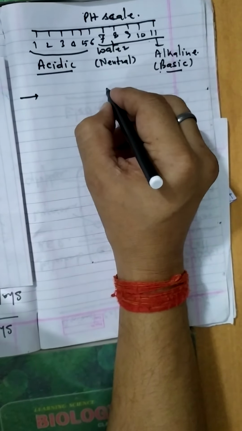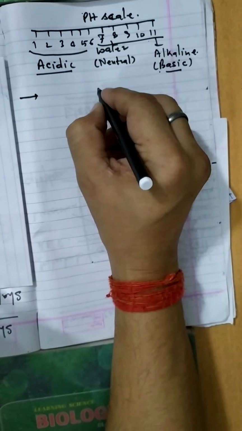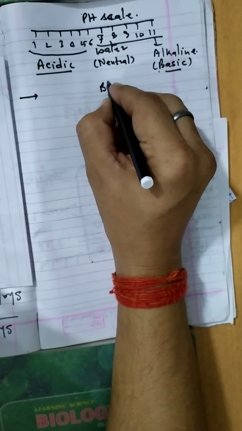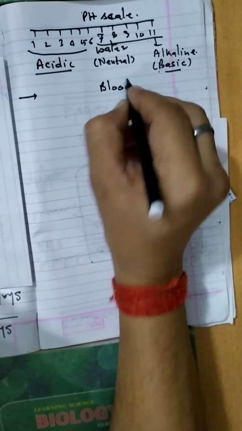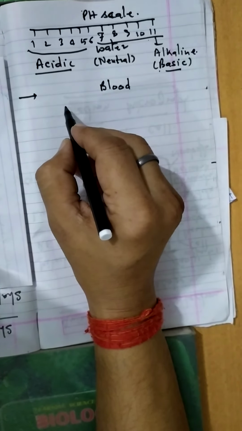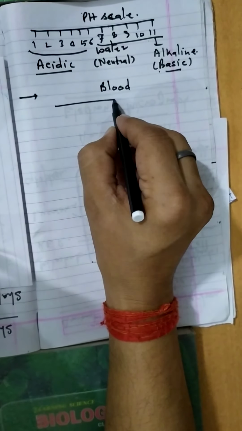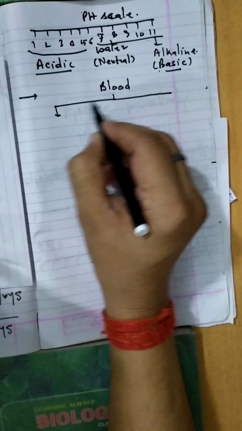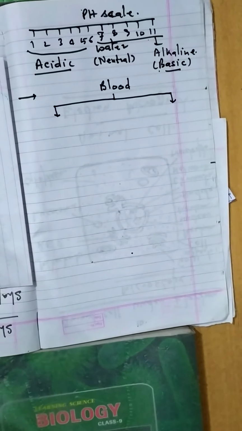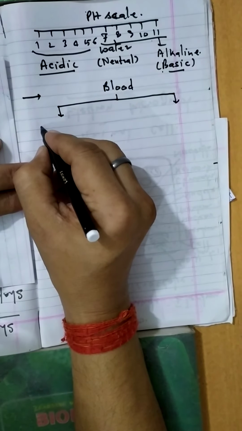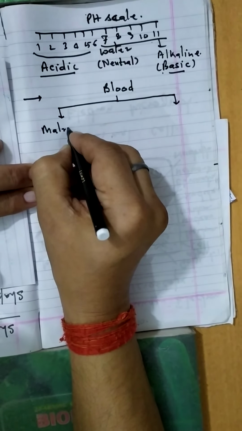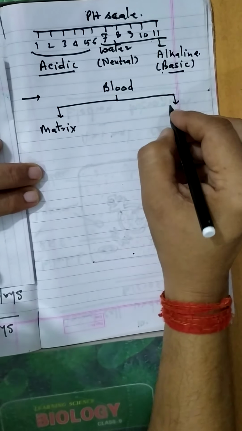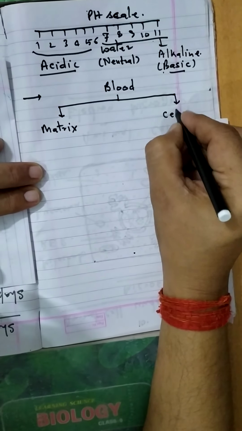Now the blood can be divided in two parts. As you know, every connective tissue has two parts. First is matrix and second is cells.